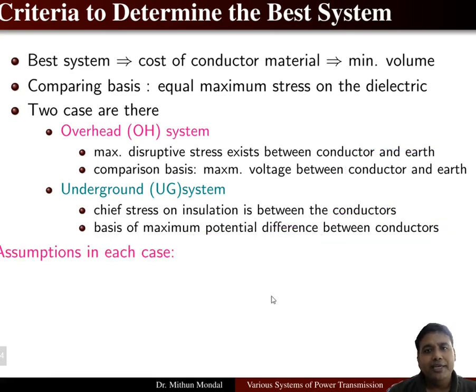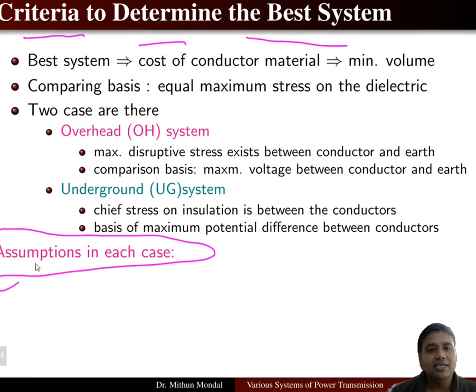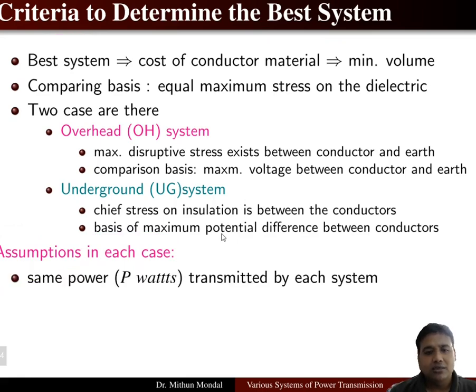Now in order to determine the criteria to determine the best system, we have to make some assumptions in each case. So what are the assumptions that we will make in each case? First, the transmitted power is the same in each system. So the power to be transmitted for each system will be the same.